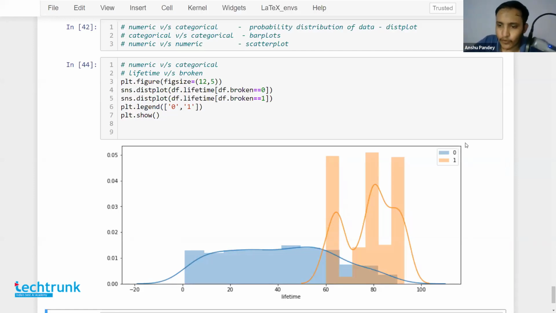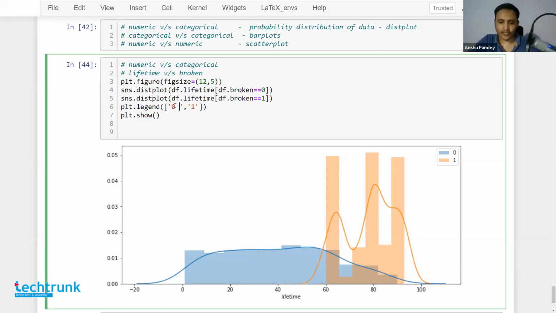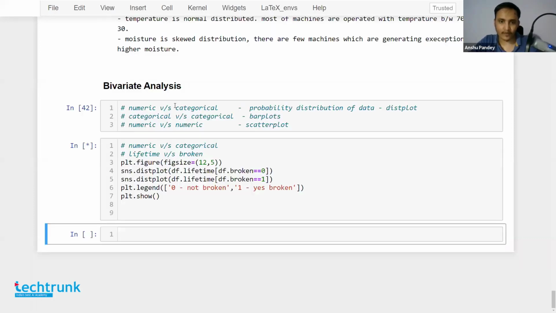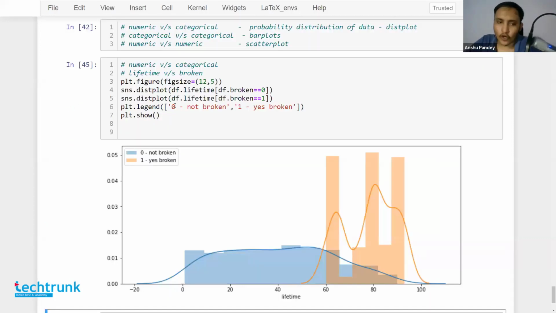Blue is representing 0, so broken 0 means not broken, and 1 means yes, broken. That means the blue distribution represents the probability distribution of machines which are not broken, not damaged. The red distribution represents the probability distribution of machines which are damaged.